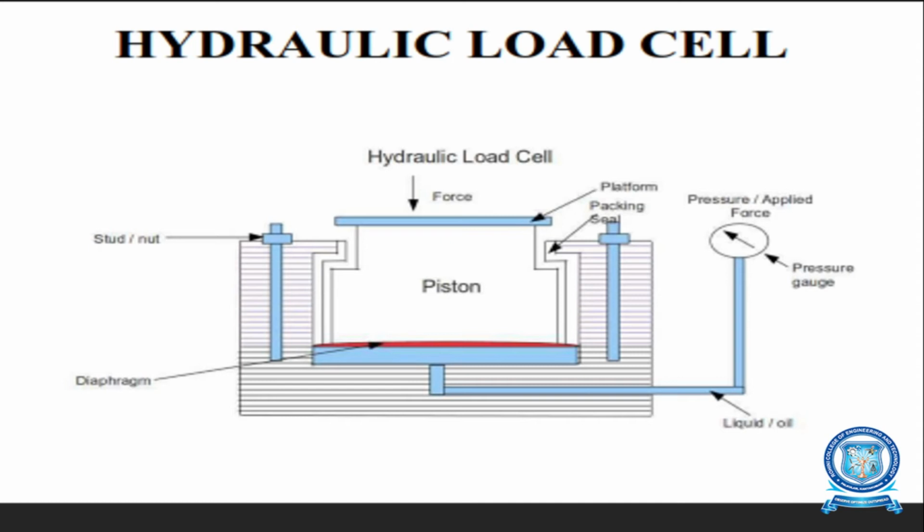When the load is applied to the piston, the movement of the piston and diaphragm arrangement will result in an increase in oil pressure, which in turn produces a change in pressure on the Bourdon tube pressure gauge connected with the load cell.